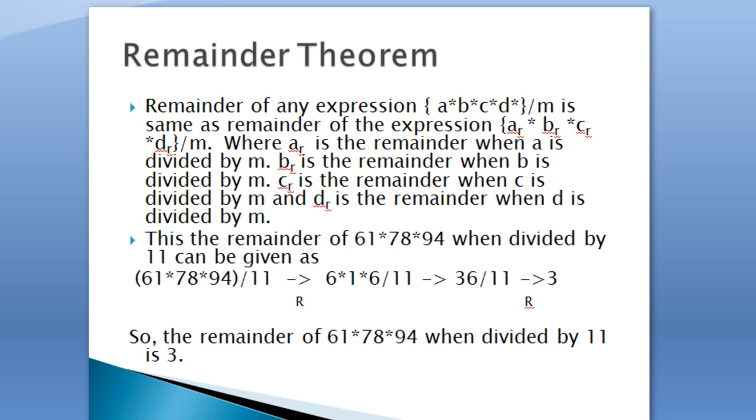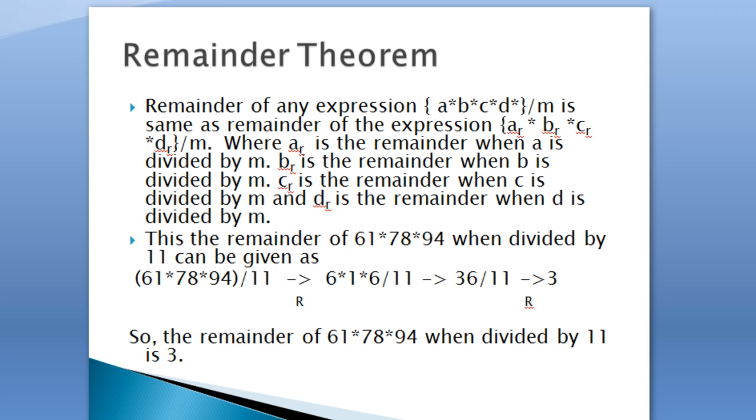It says that the remainder of any expression with multiple terms multiplied on the numerator, divided by another value m, is the same as the remainder of AR times BR times CR times DR upon M, where AR is the remainder when A is divided by M. Similarly, BR, CR and DR are the remainders when B, C and D are respectively divided by M.